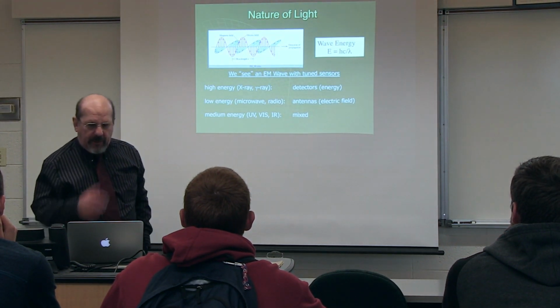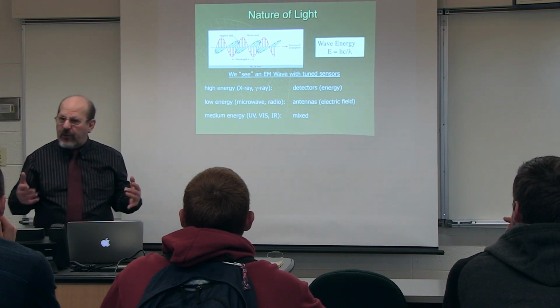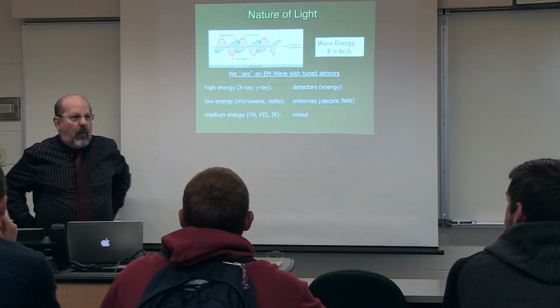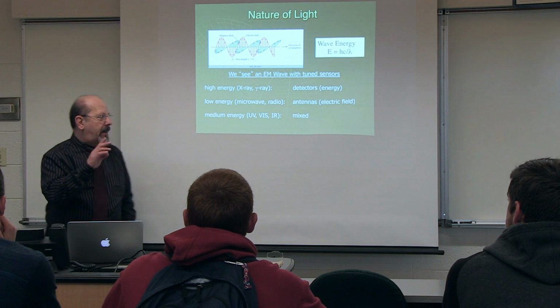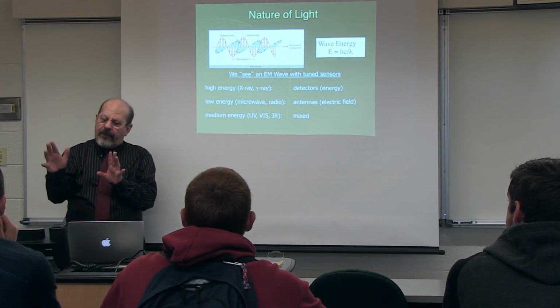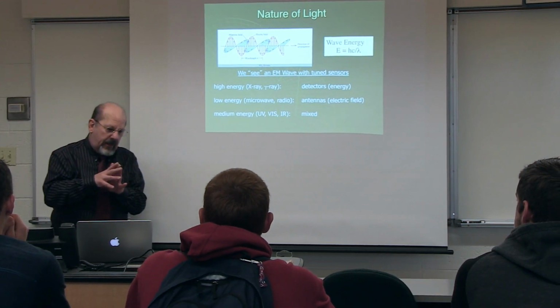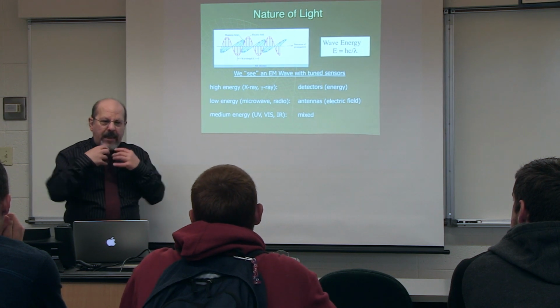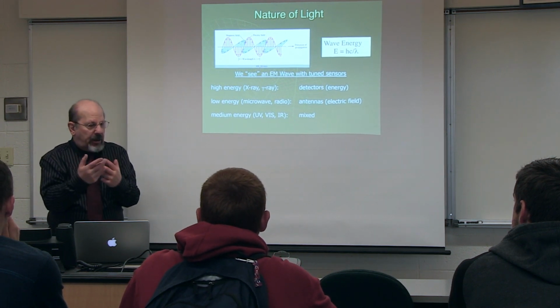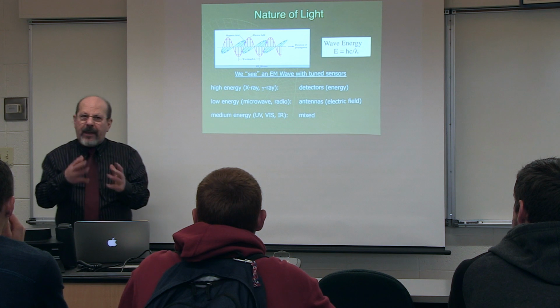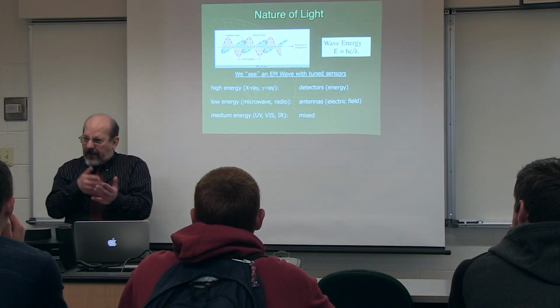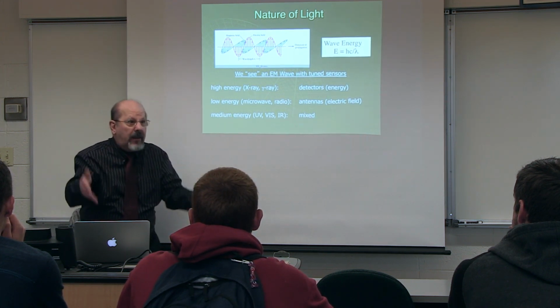And to remind you about light too being electromagnetic in nature, what's really cool about light is that depending on what part of the electromagnetic spectrum you're in, how we detect it, the terminology changes. Like for example, for really high energy stuff, we look for energy being deposited to detectors, and they're called detectors.